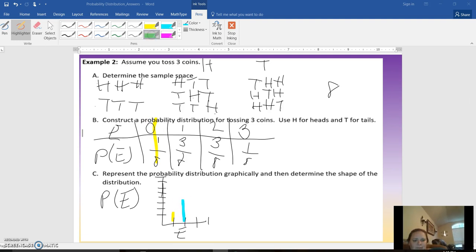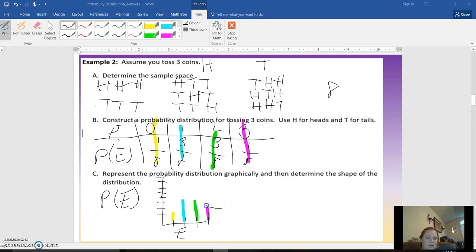Pretend this is like a bar graph. 2 heads is 3/8. 3 heads is 1/8. So oops, kind of big. All right, you get the point. Right, so it's just a bar graph. If you look at the shape, the hump is in the middle, so it is normal.